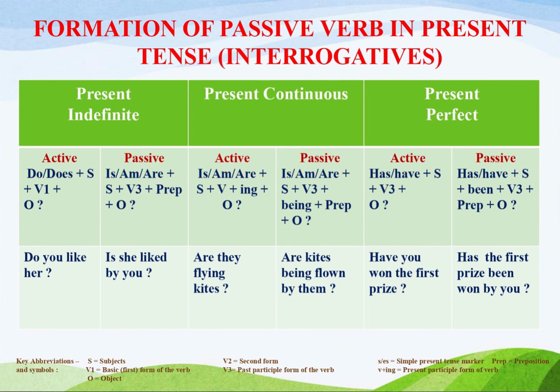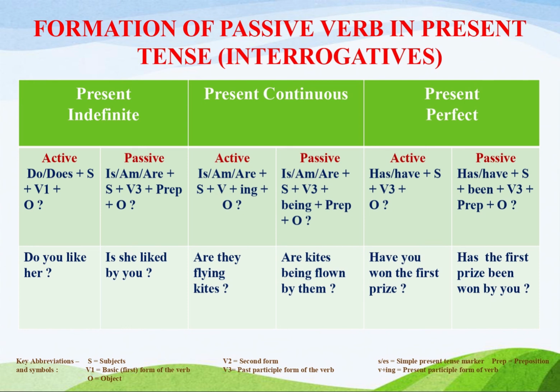For example, are they flying kites? Now, it will get converted into are kites being flown? If it is in continuous form, we will not forget the word being. Are kites being flown by them?